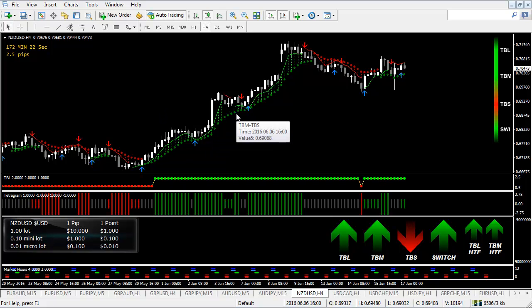And I find it to be one of the best ways to trail the stop loss. The Gann high-low activator is such a clean kind of tool that I really put a lot of weight into this. Now, the TBS, the TBM, and the TBL are all Gann high-low activators displayed a little bit different.